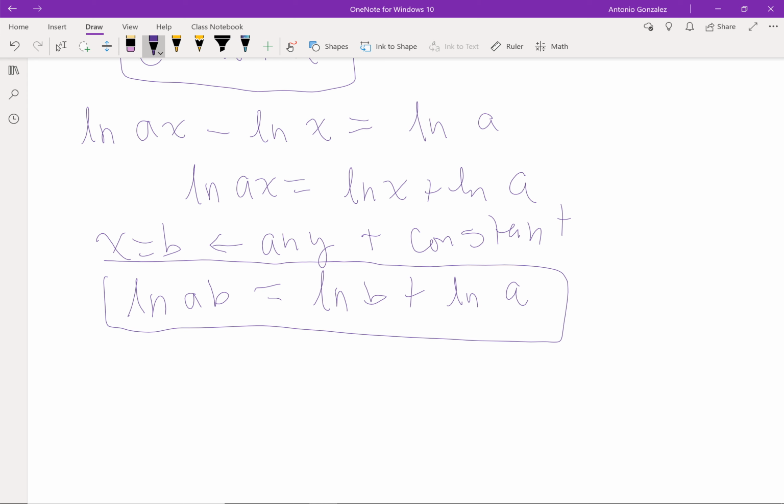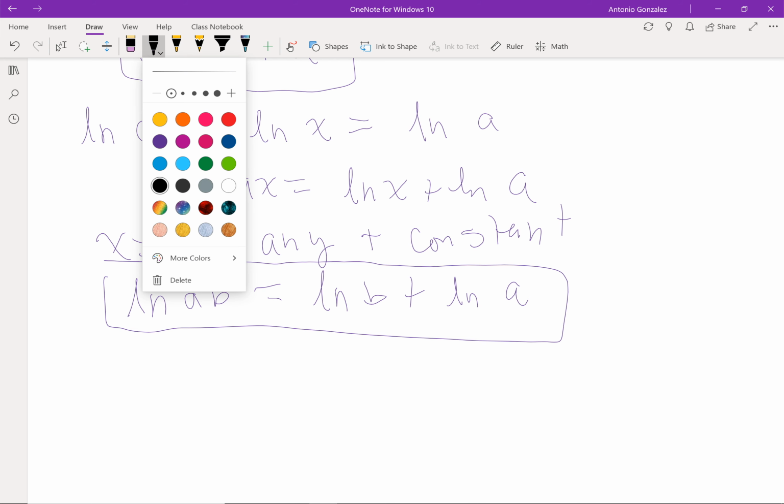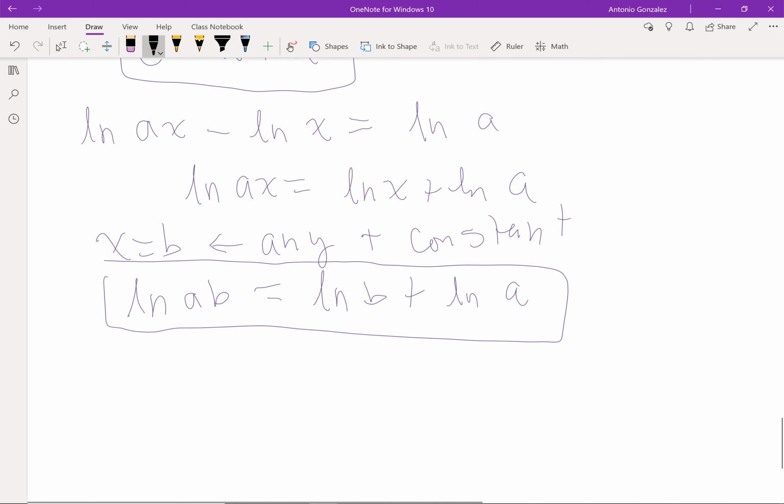But here it was strictly through the derivative, the integral, and properties of the integral and the derivative, of ln of ax and ln of x. Okay, so that proves that first property of addition. Let's look at our second property for logarithms.